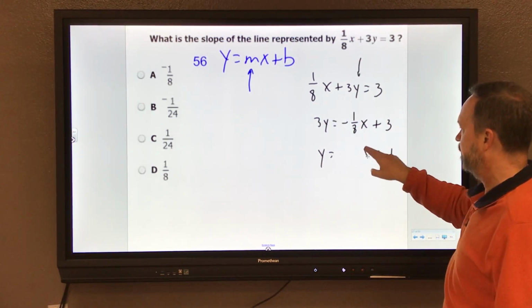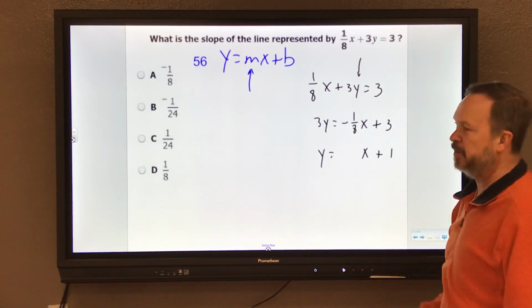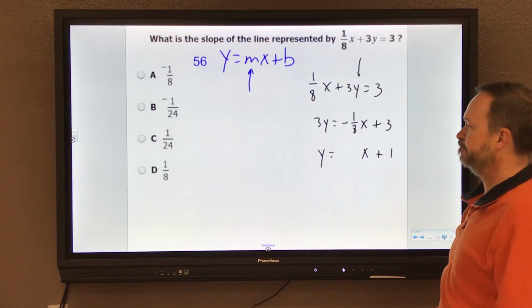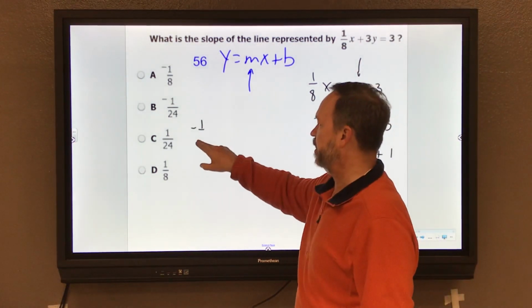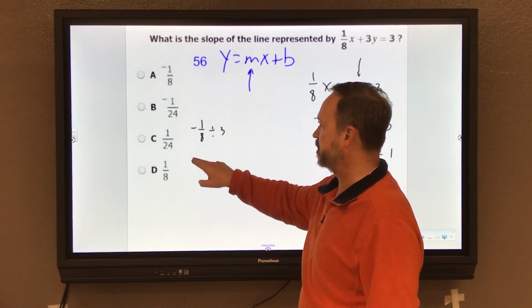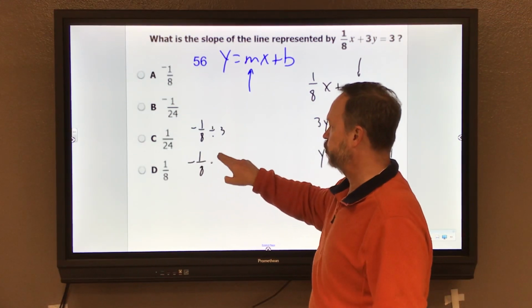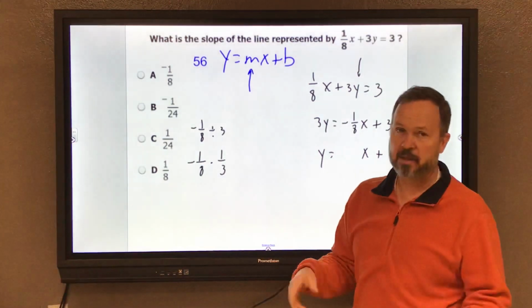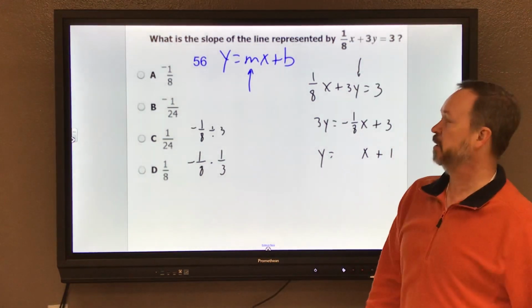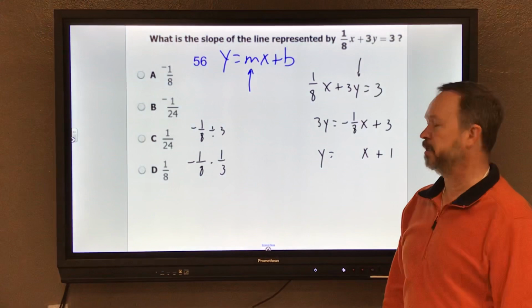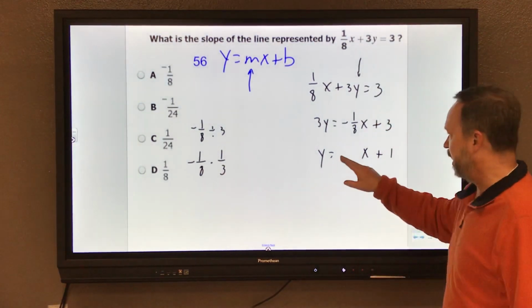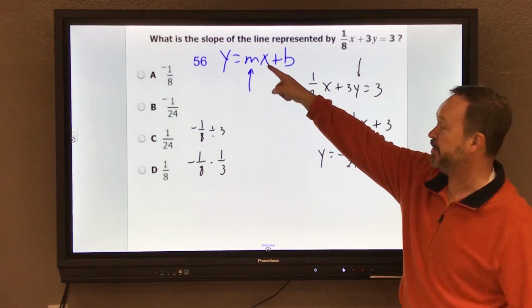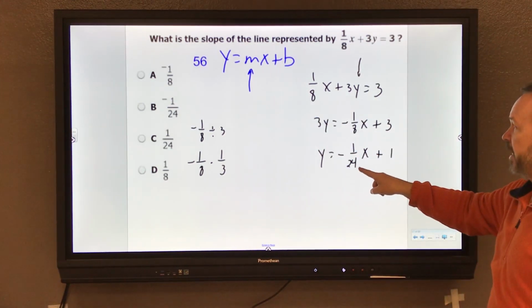That's easy. Negative 1/8 divided by 3, for some people, that's a mind blower. Negative 1/8 divided by 3 is negative 1/8 times 1/3, because remember, we don't divide fractions, we multiply by reciprocals. Keep, change, flip. And so that ends up being a negative 1/24. So what's the slope? Now that we have it in this form, what's the obvious slope? Negative 1/24 b.